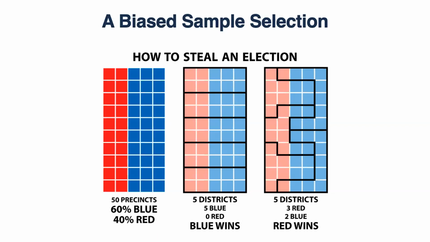But we can sub-select these segments so that certain segments would contain primarily only blue users, and then this will change the election, as you can see, because there are more of those red blocks.